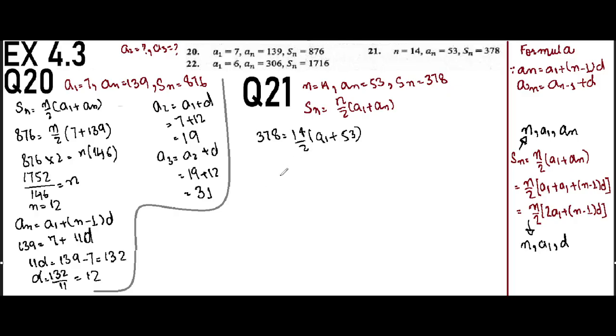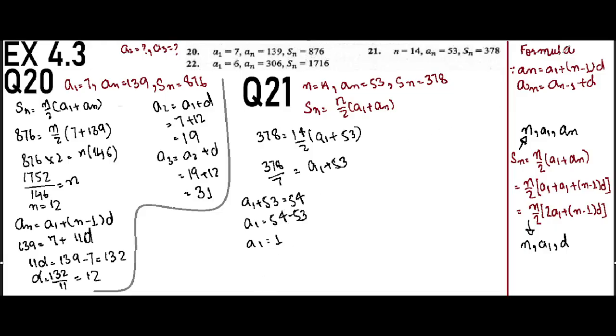So 14 by 2 is 7, and 378 divided by 7 is equals to a1 plus 53. a1 plus 53 is equals to 54. So a1 is equals to 54 minus 53. a1 is equals to 1.